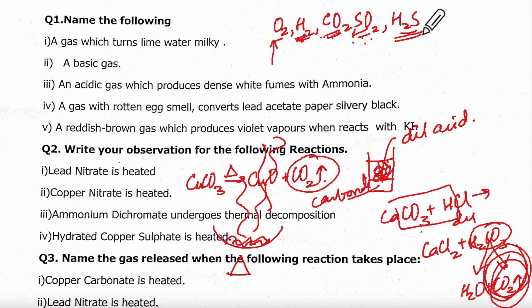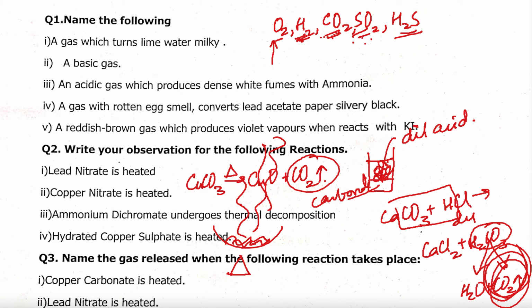Okay, H2S, what is the smell? Rotten egg smell. Colorless and rotten egg smell. If the smell is asked, you can't say colorless. Write smell only, don't write the color. We don't have a smell called colorless, no? But what is the test? It turns moist lead acetate paper silvery black. Very good.